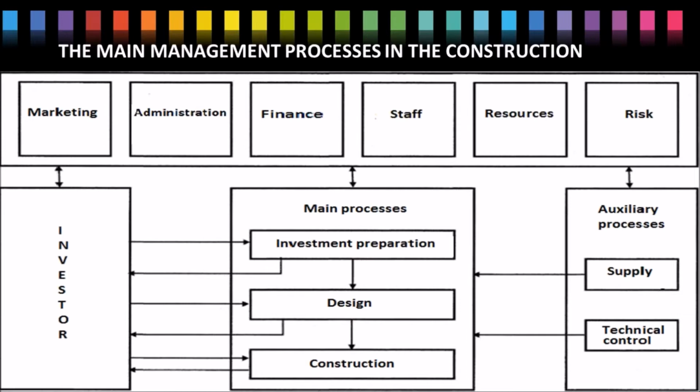You can see that all the regular processes of marketing, administration, finance, staff, risk, and some auxiliary processes, supply, technical control, these are the domain of the main ERP system that such a company is equipped with, but all the rest, I mean the main processes, can be modeled and located in ISETIA.